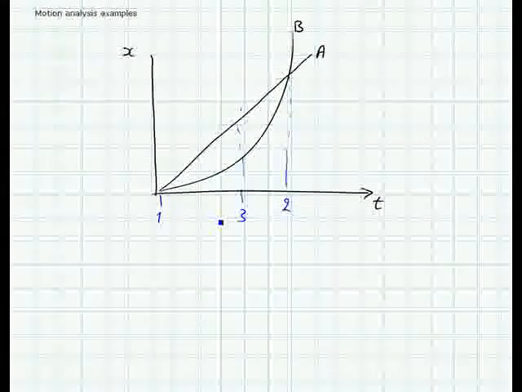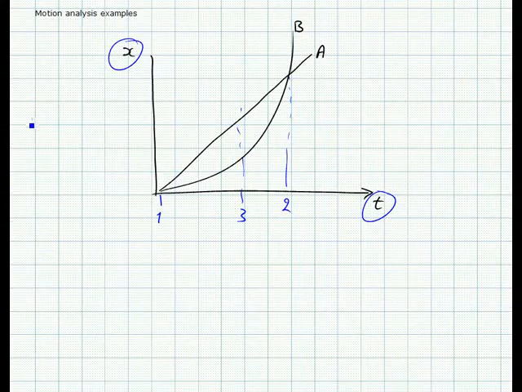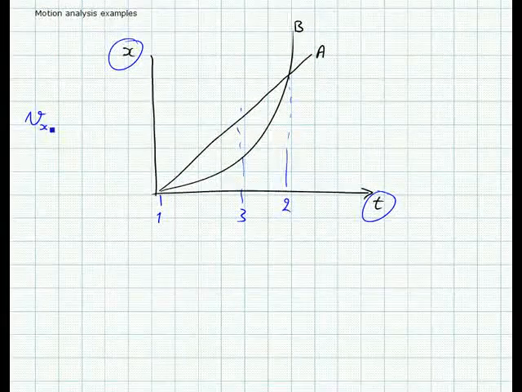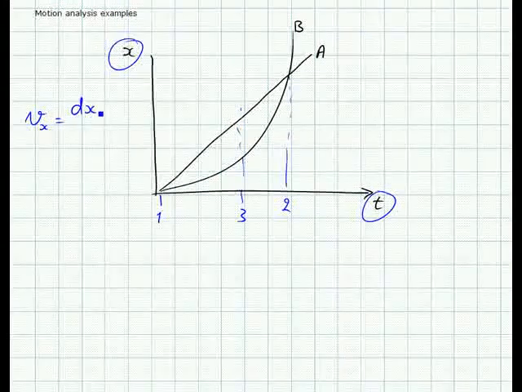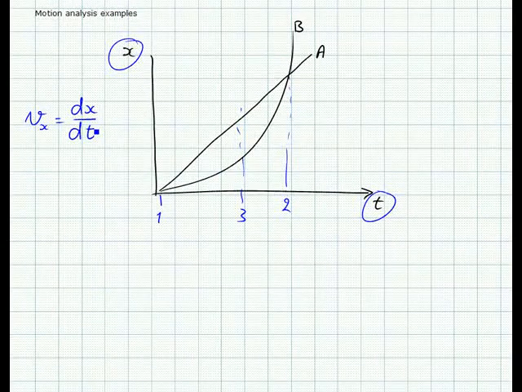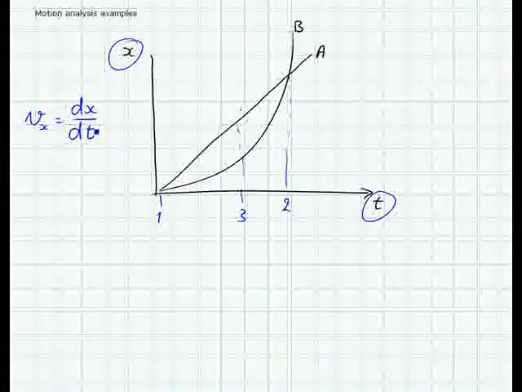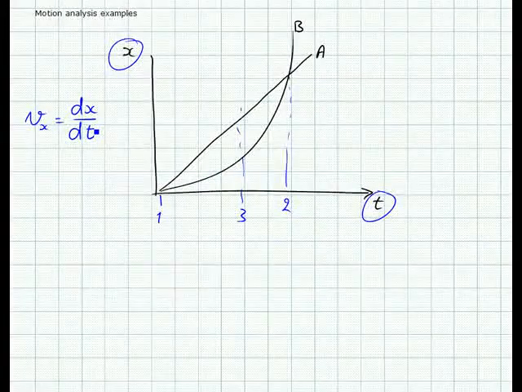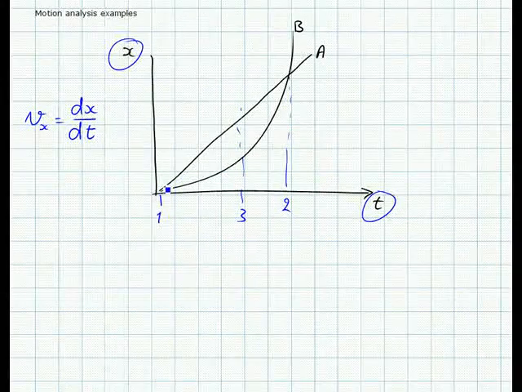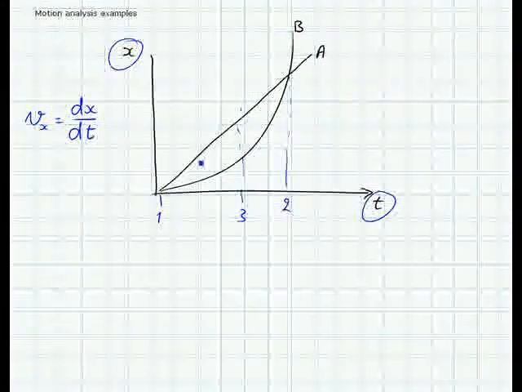So we have here a position versus time plot. As you know, velocity along this axis X is defined as the derivative of position with respect to time. So the derivative of curve A, well, curve A is a straight line, therefore slope is constant.